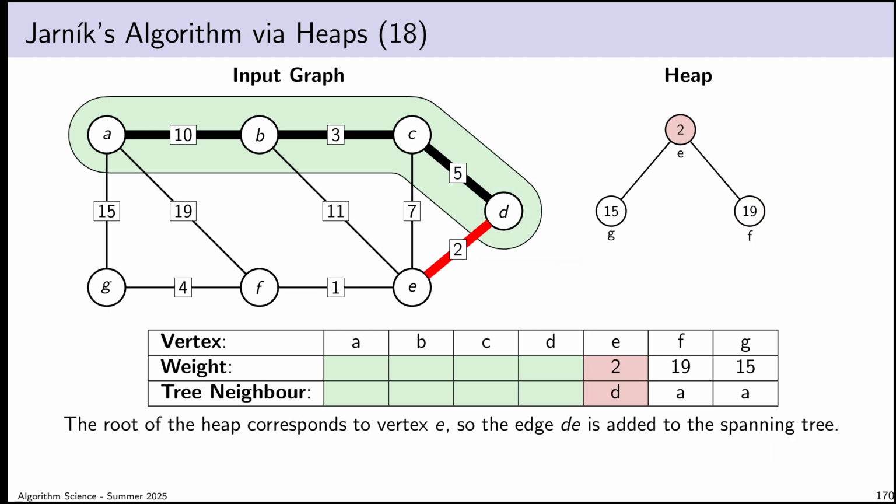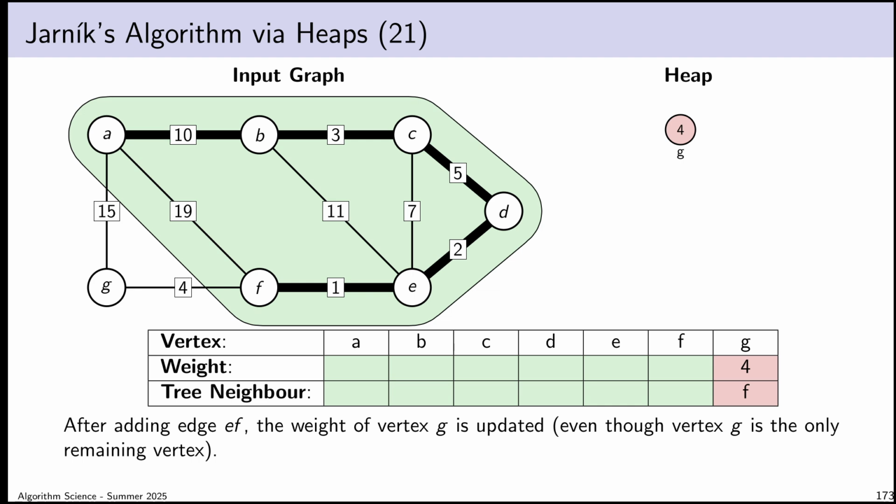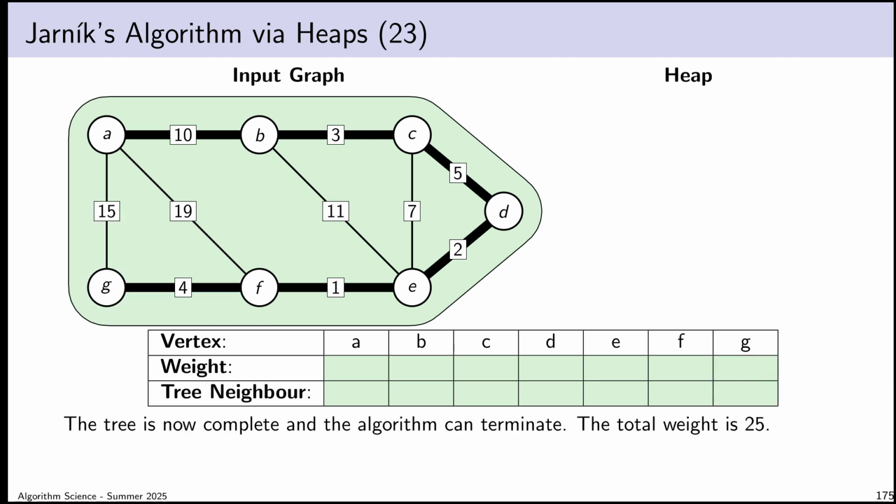Over time the heap gets smaller and smaller, and eventually I've removed everything and I have a minimum weight spanning tree. Fortunately, we already know that Jarník's algorithm works, so we don't have to write a proof of correctness for this version, because it's just an optimization of the version we started with. In this graph, the total weight we ended up with was 25.